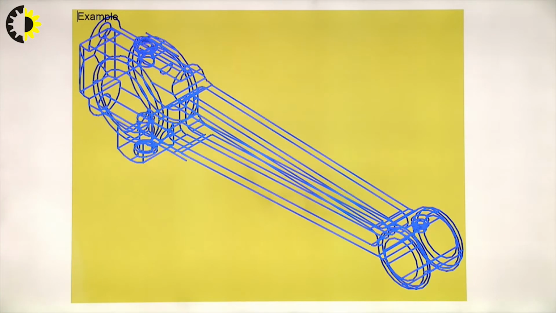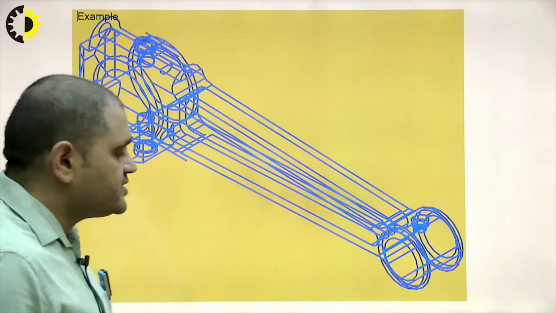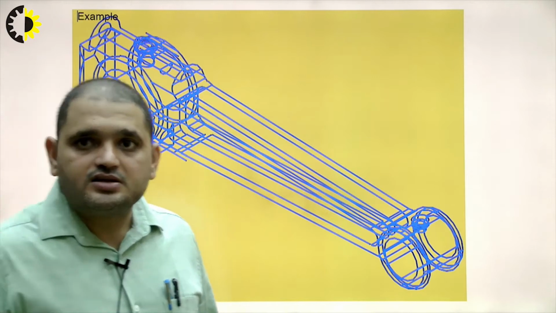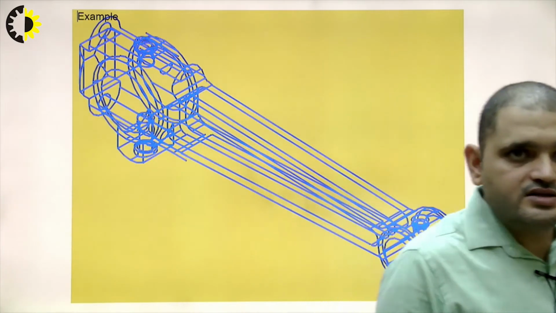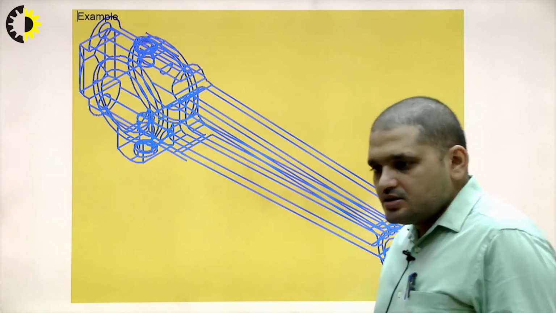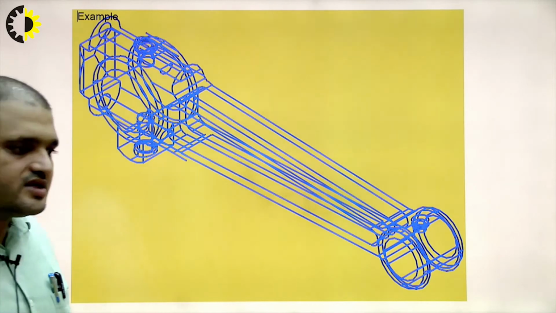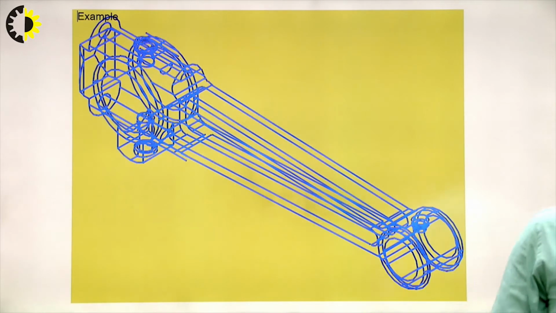With the help of this, you can have a quick review. You can see it's basically made up of edges, curves, vertices. Wireframe modeling does not have any mass. It's only made up of the corners, that is vertices, edges, lines, curves, circles.